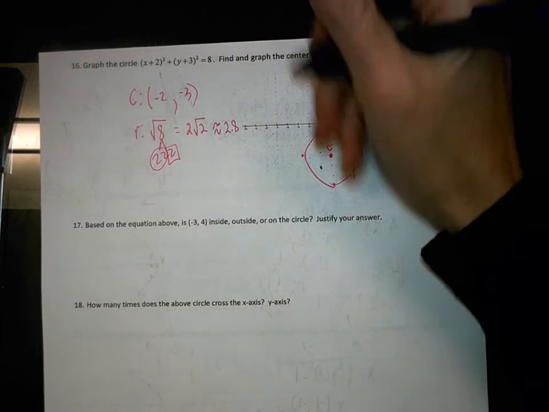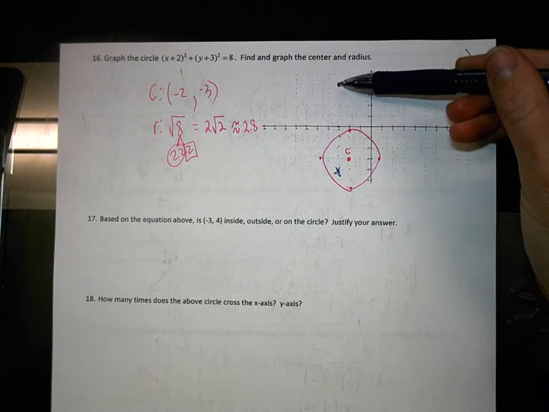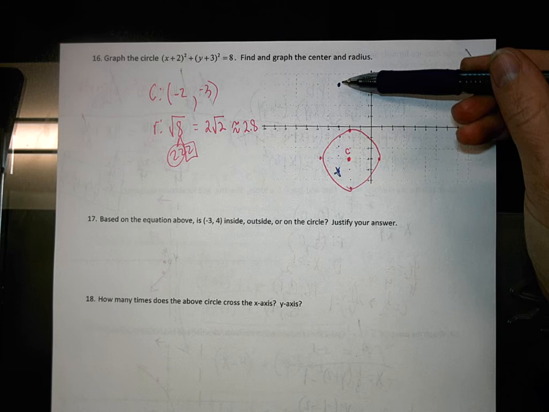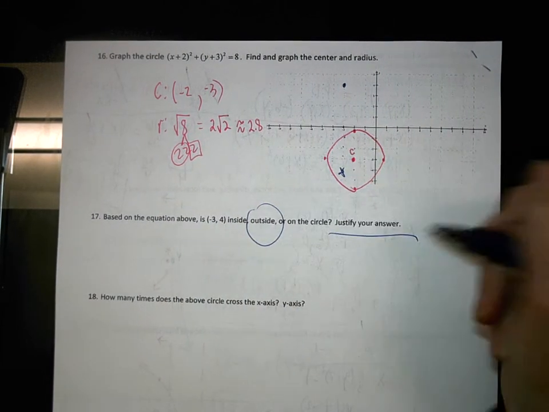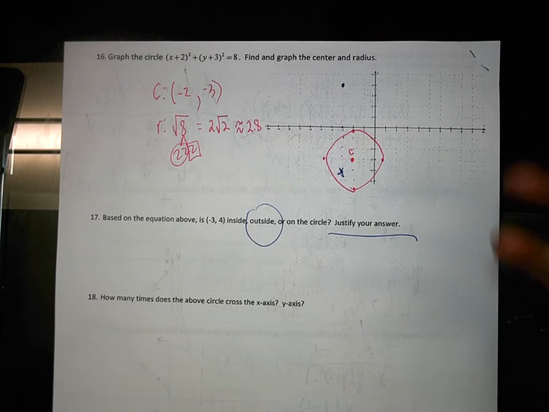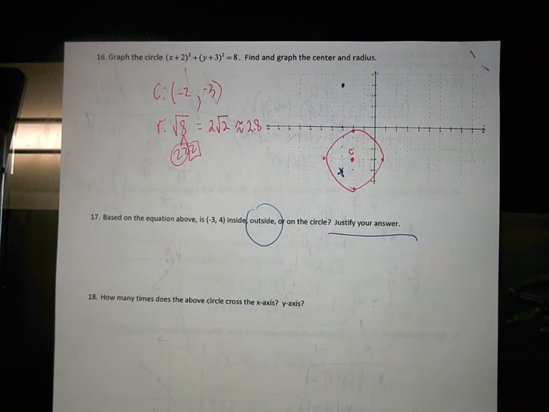So negative 3, up 4 is right there. Looking at that, I think it's pretty obvious that it is outside the circle. So you need to justify your answer. You could say, based on the graph, because we're at this point and this point and it only goes out 3, there's no way it could be way above the x-axis like that.